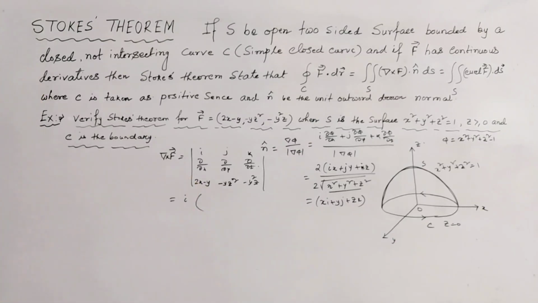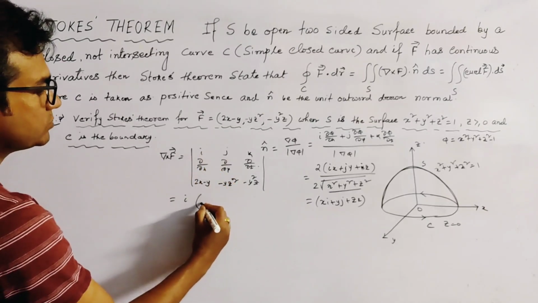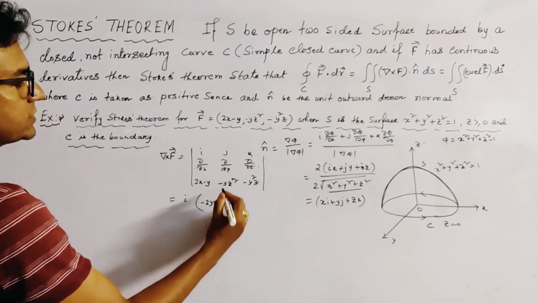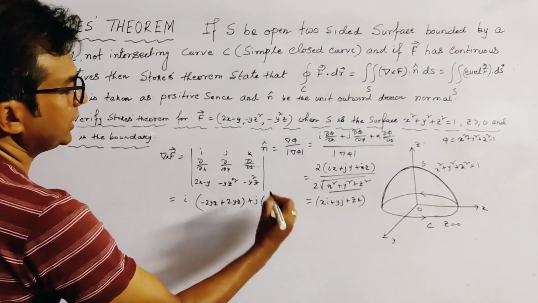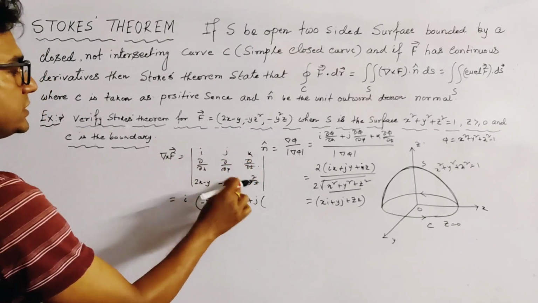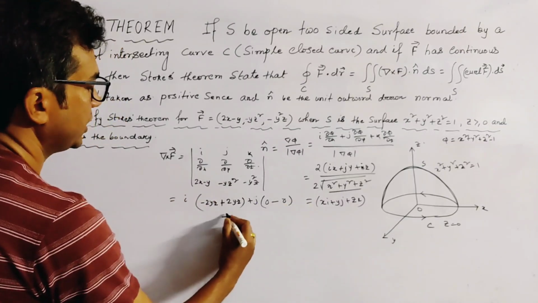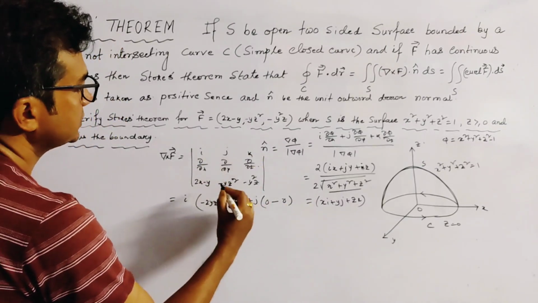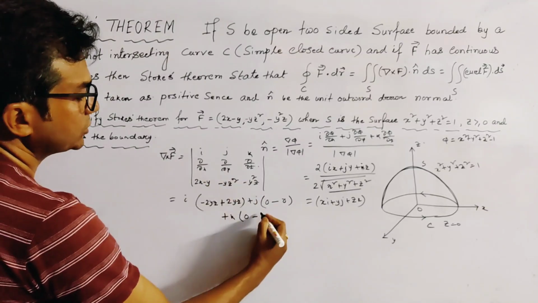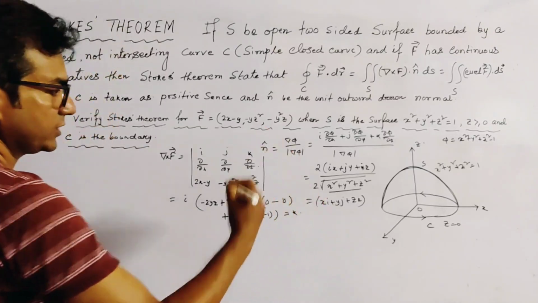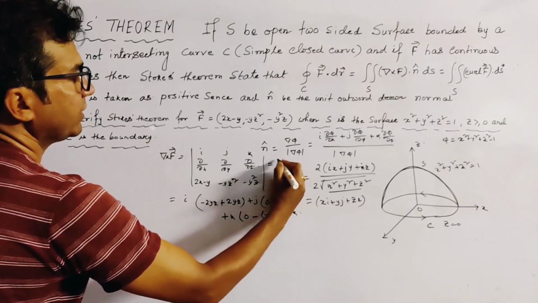So this is i into (minus 2yz plus 2yz), plus j into 0 minus 0, plus k into 0 minus (minus 1), so this is k. So we get curl F equal to the k vector.